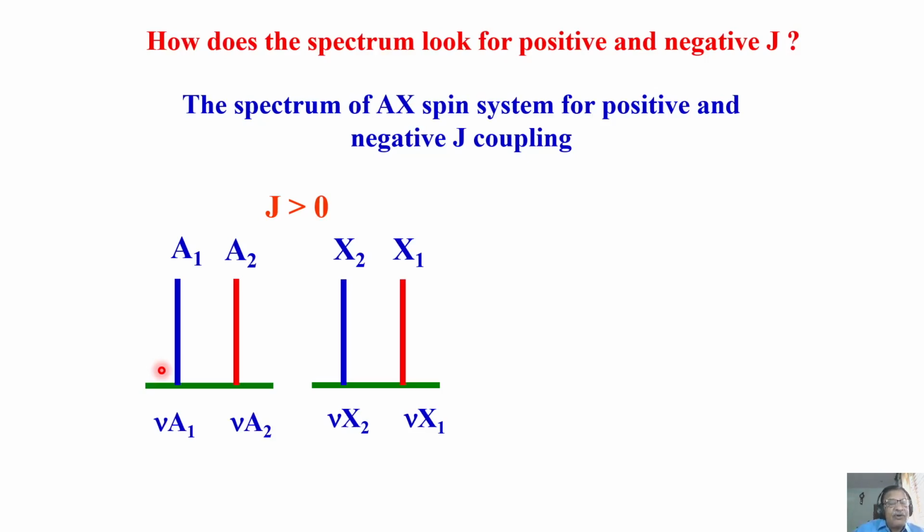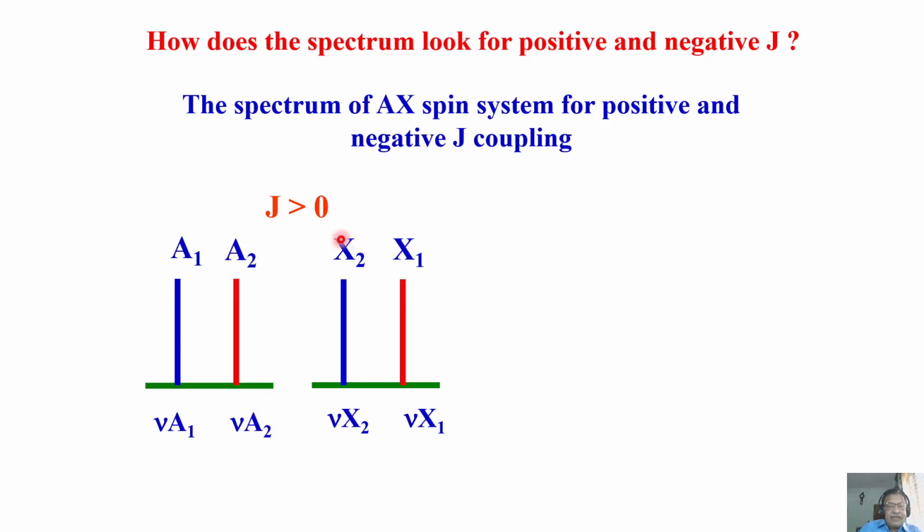We found out which transitions pertain to the A spin and which pertain to the X spin. That's how we identified two A transitions and two X transitions. I hope you remember the energy level diagram with which we worked out transitions for both A and X.